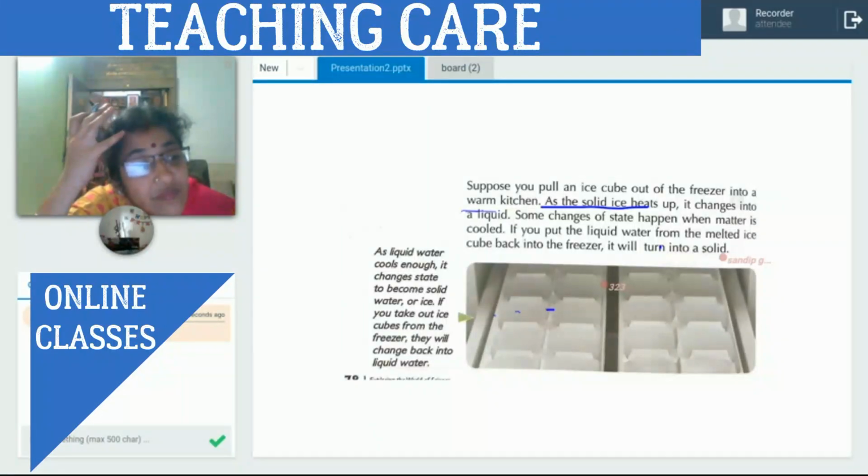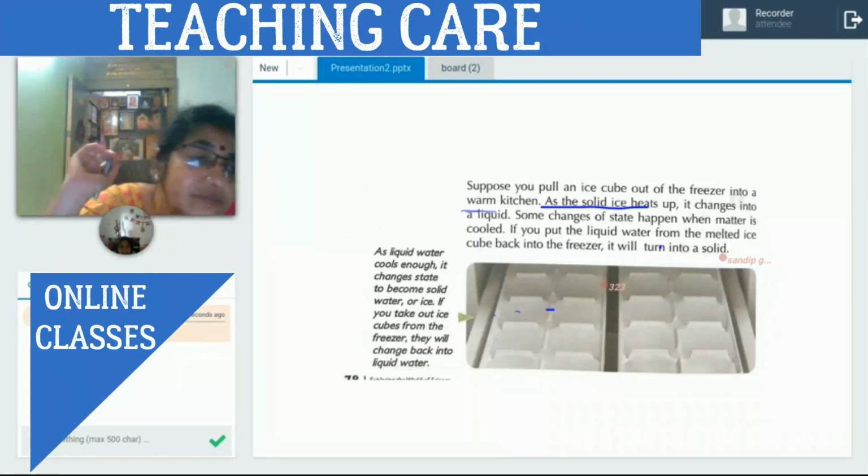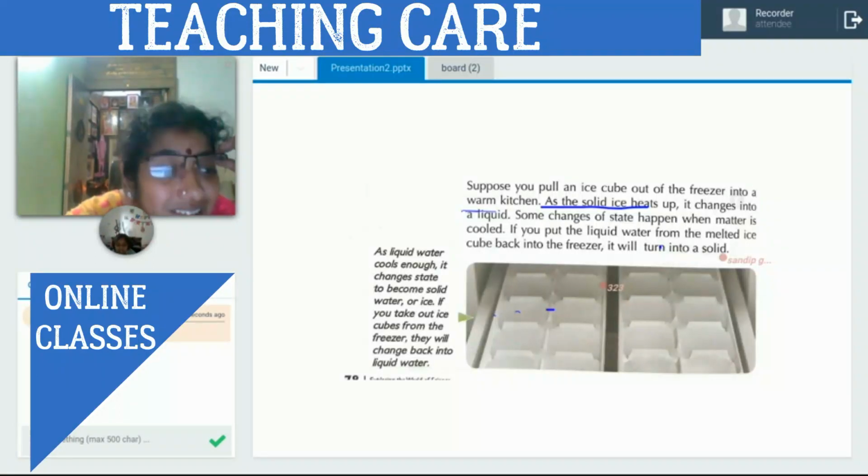The ice cube will do condensation? I can't get your point. Liquid to solid is... Don't worry, it will freeze. It will be freeze.